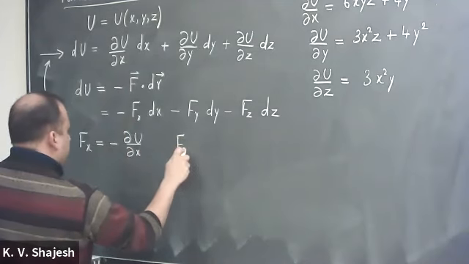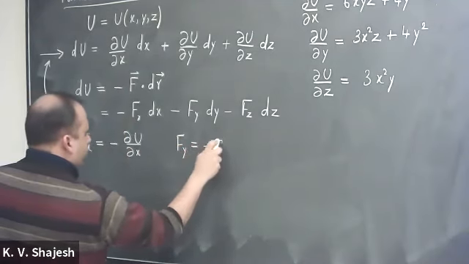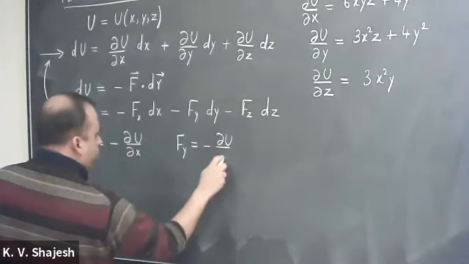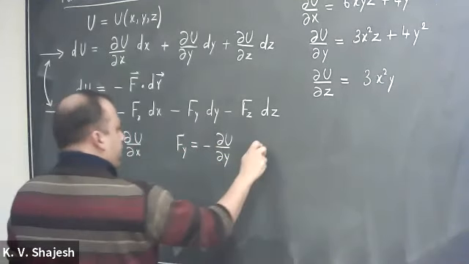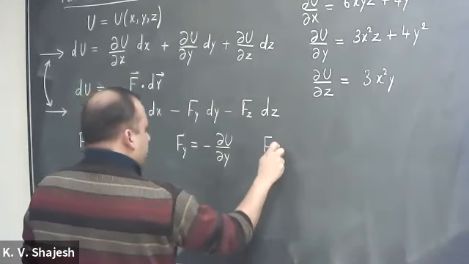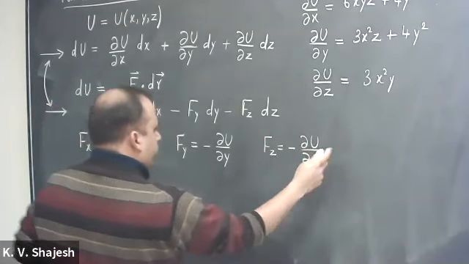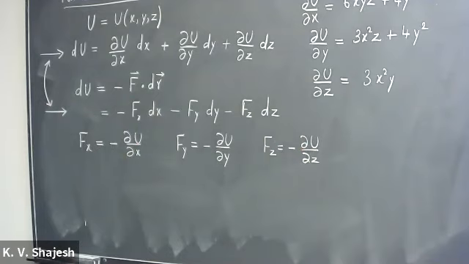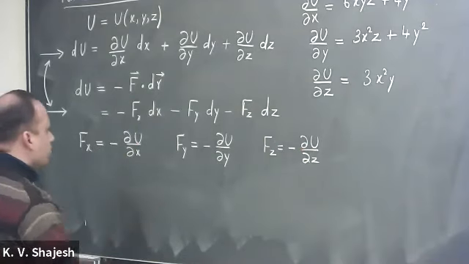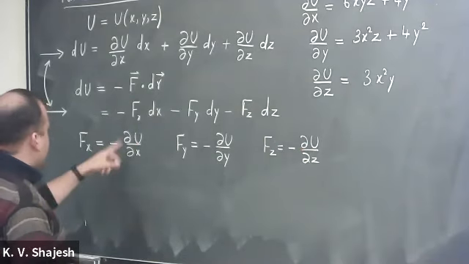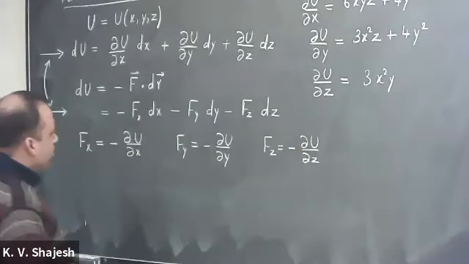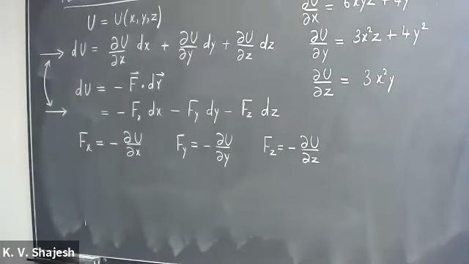The y component is negative of the same energy with respect to y. And F of z is the partial derivative with respect to z. So pretty much everything goes through in each of the directions, except that I have to keep in mind that I'm doing partial derivatives instead of a total derivative.